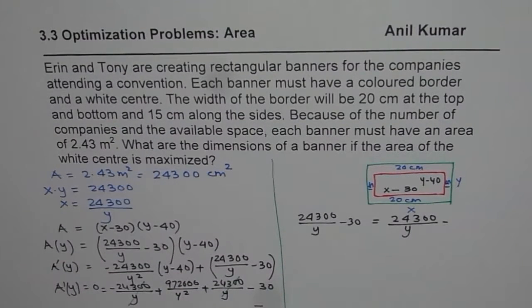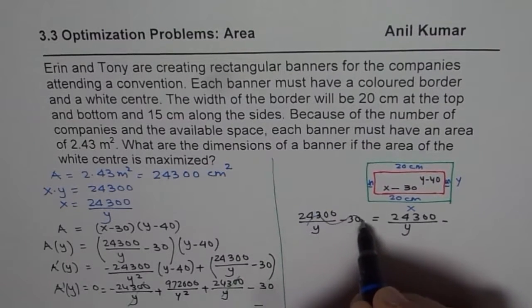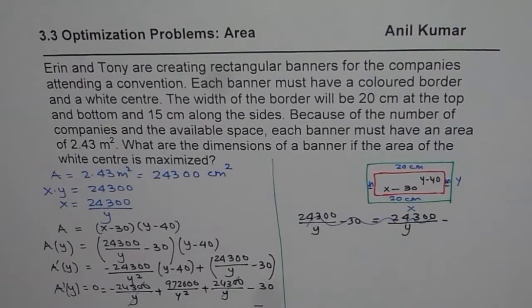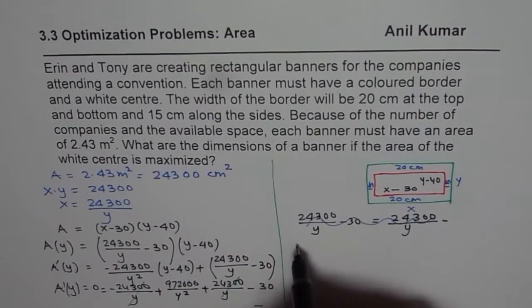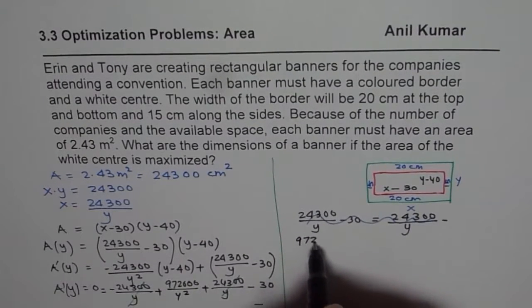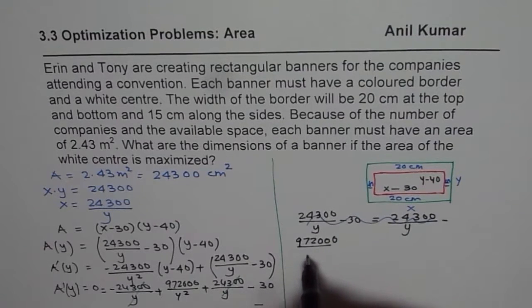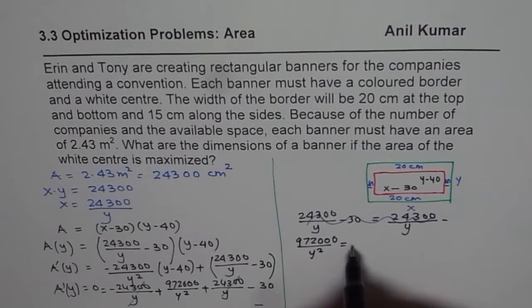So instead of writing this here, let me just change this. That helps actually. Now we have to equate that to 0. That means we get 97,200 over y square should be equal to 30.